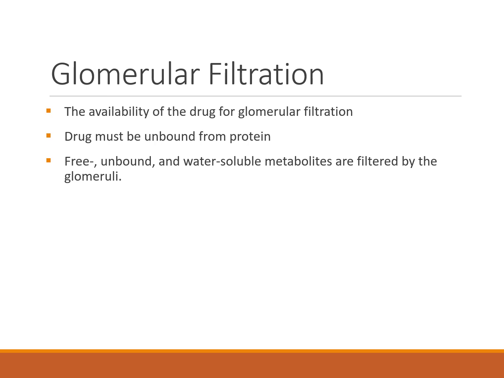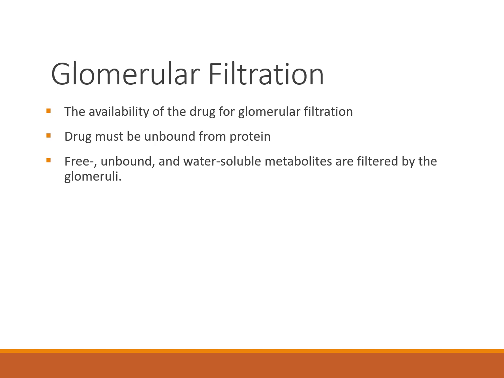Drug must be unbound from protein, because remember, when we find protein in the urine, that's not good, because protein is a larger molecule, and when we find it in the urine, that's how we know microalbuminuria. When we see that in someone's urine, we know that something's wrong with their kidneys, or they have uncontrolled hypertension, uncontrolled diabetes. Their kidneys are hurting somehow.